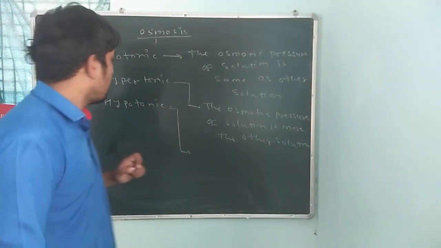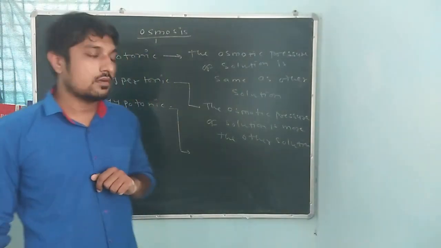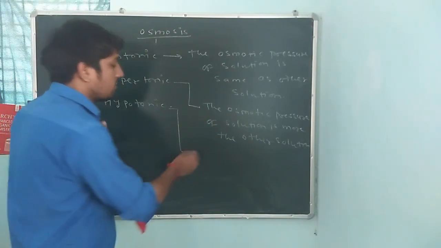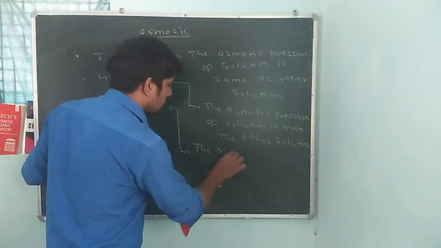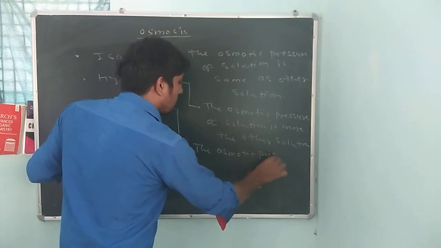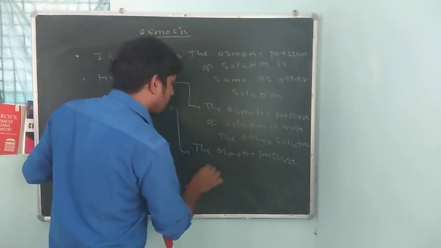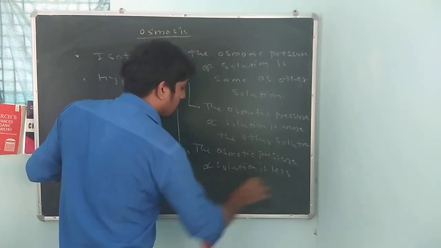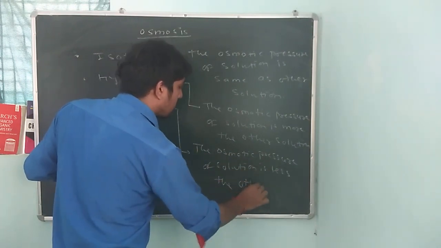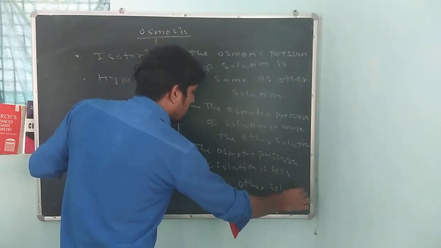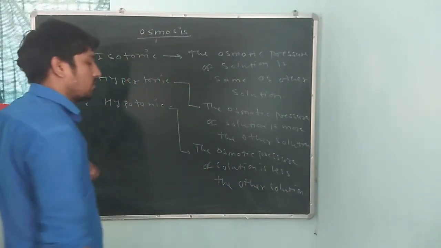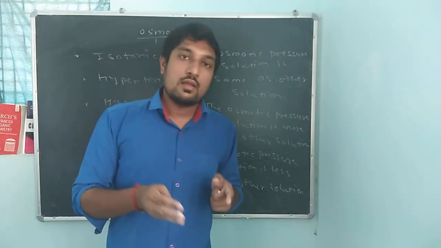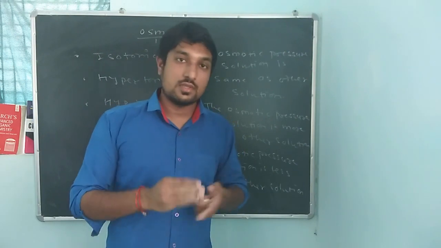And what is the definition of hypotonic? The osmotic pressure of a solution is less than the other solution. It is called hypotonic. So these are the other three topics in the solution chapter.